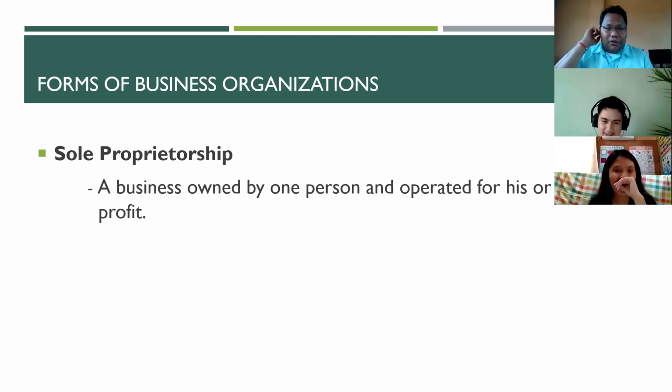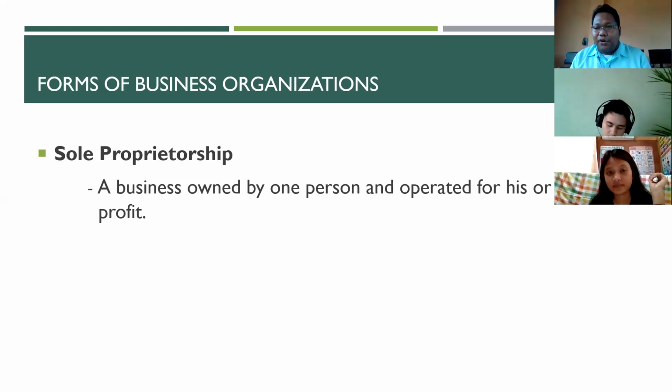In your case, Nicole, the store that you have near your house, is that a sole proprietorship type of business or is that store owned by many? Family, sir. So it's family owned. Does that mean that the members of the family have invested shares in order to build that business? My father, sir.